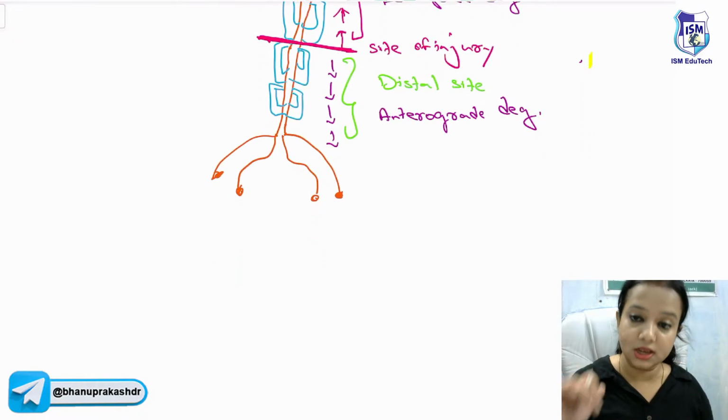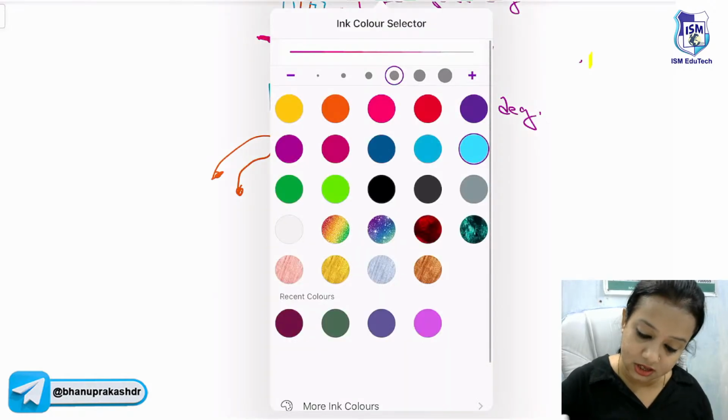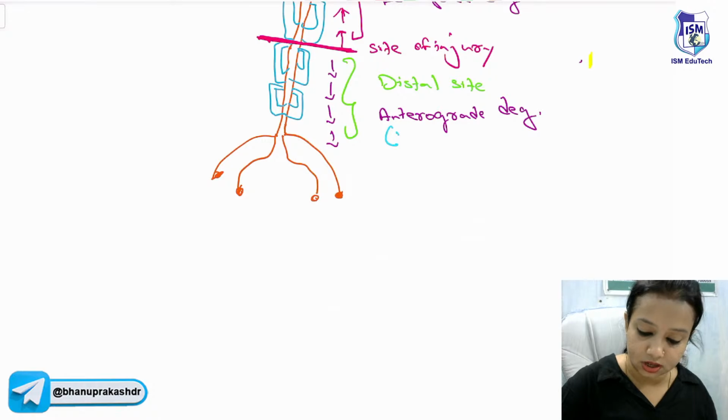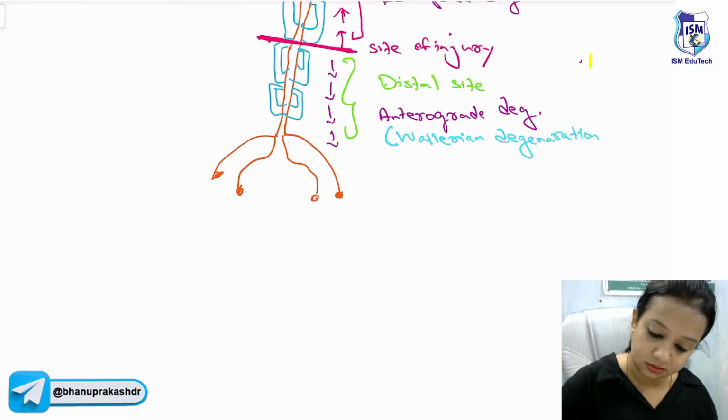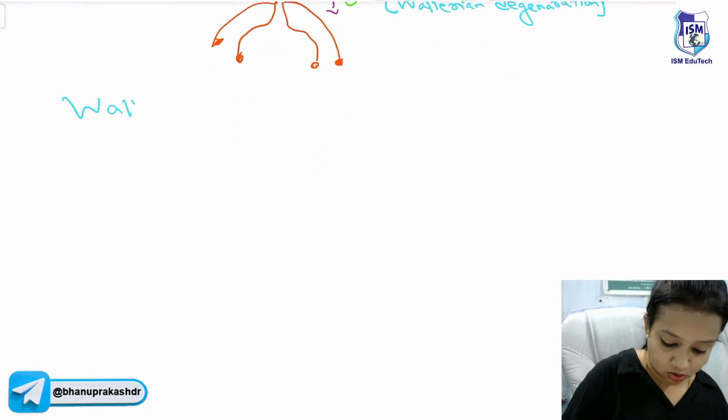Now, the anterograde degeneration in the distal site is the degenerative change that we will study now. This is what we call Wallerian degeneration. So, what is Wallerian degeneration?